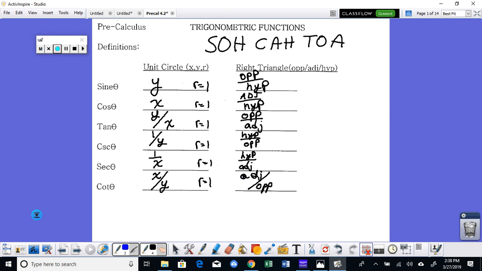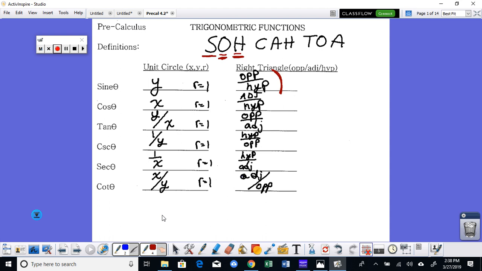Okay. So sine, let's see if I can do this so that it shows up on the screen for second block. All right. Sine is opposite over hypotenuse. That lets me know what sine is. If I can remember SOHCAHTOA, and I can write it down on the top of my paper, then I know that sine is opposite over hypotenuse, right here.